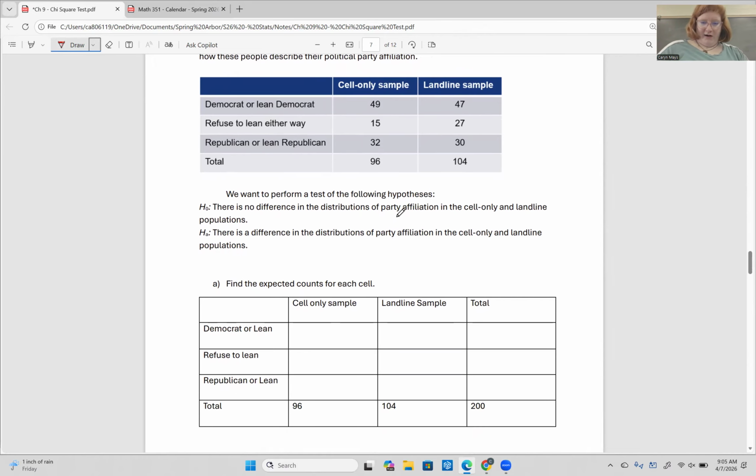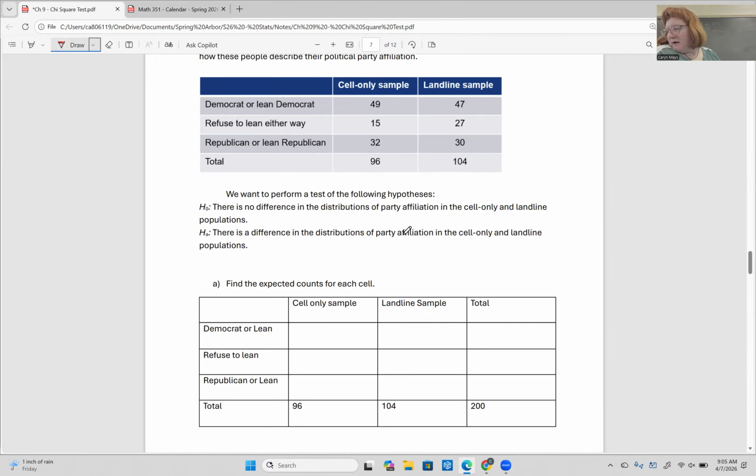How would we find the expected counts for those that only have cell phones and claim they are Democrat or lean Democrat? 49 over 96?